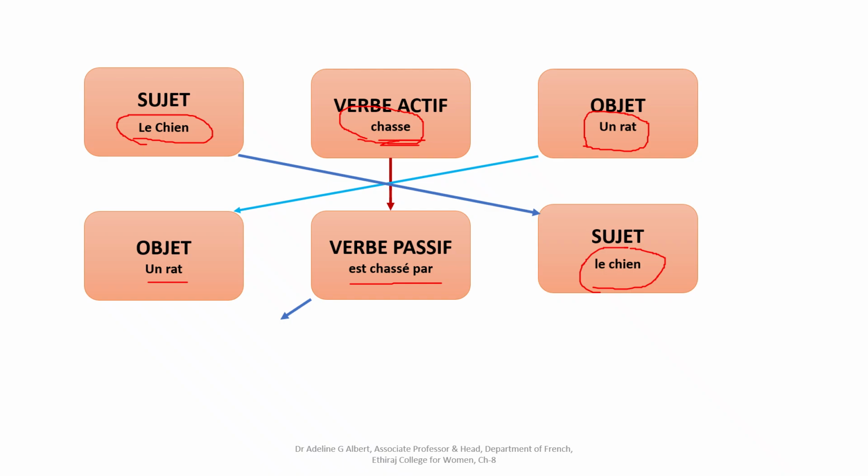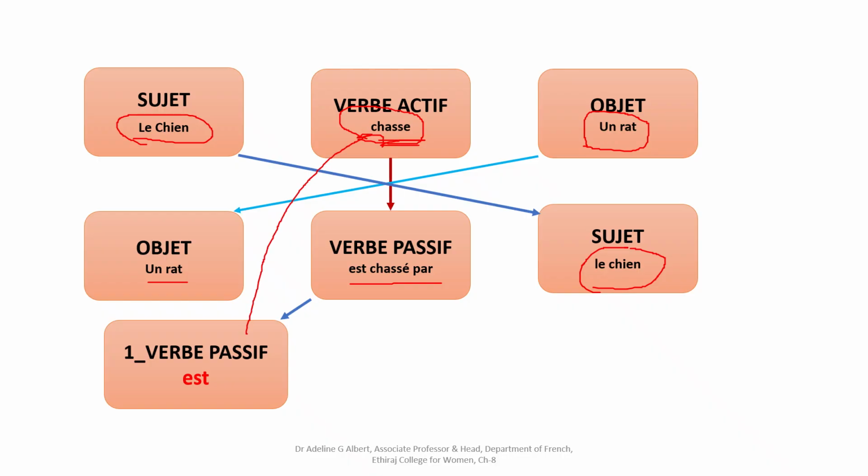So the verb, remember, has three parts. The first part is the passive verb, which is the verb être. And the tense of the verb être is linked to the tense of the main verb. So this is present. Therefore, être is present. The second part is the past participle. Remember, the passive verb has three parts.